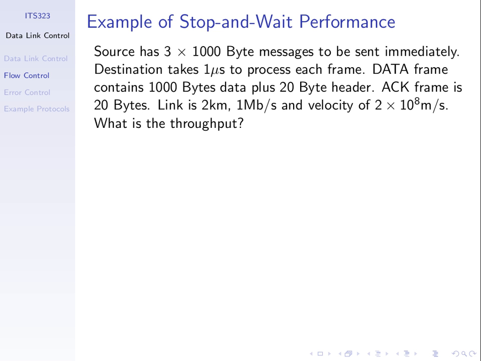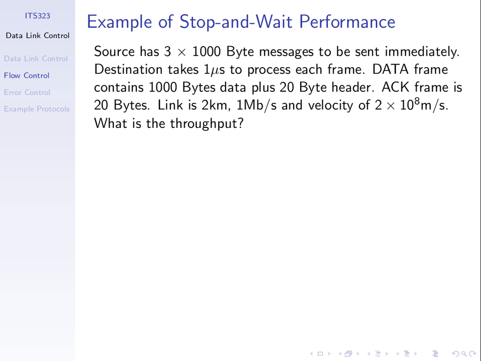Now, draw your diagram, the stop and wait, data, ACK, and so on, and start at time 0. Assume that the first data frame is sent at time 0, t equals 0.